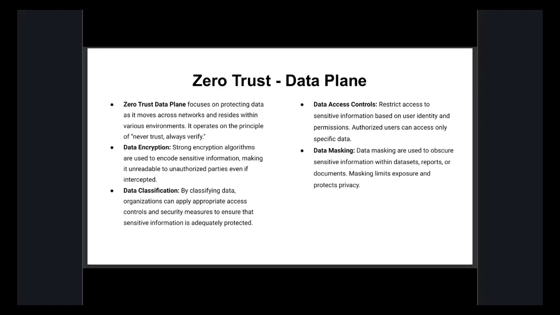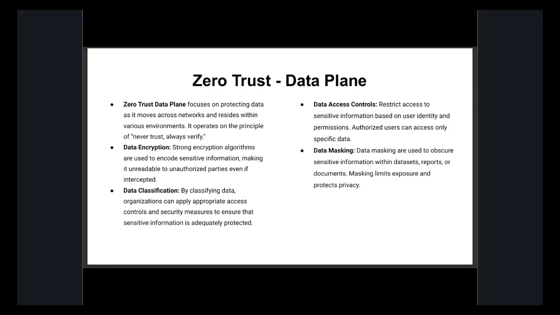And this makes our data unreadable unless you have the appropriate public and private keys to encrypt and decrypt the data. We also use the data plane to create data classifications, give different permission levels to certain types of data to help our users access the things that are important to their job duties and functions.